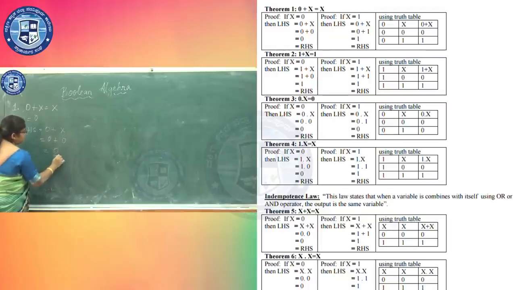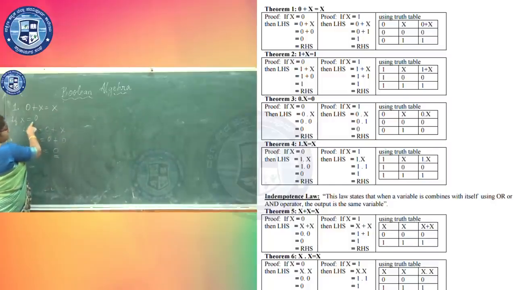So I got the value 0. And what is RHS? x. What is the value of x? 0. So that is equal to the RHS. It is proved. When we take the value of x to be 0, 0 plus x is the LHS, x value is 0, we got the value 0, wherein RHS the value is also 0.